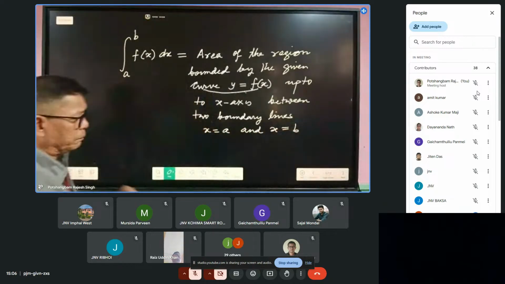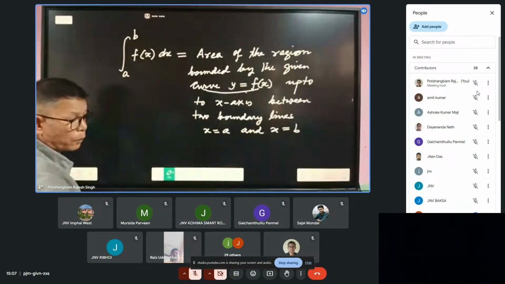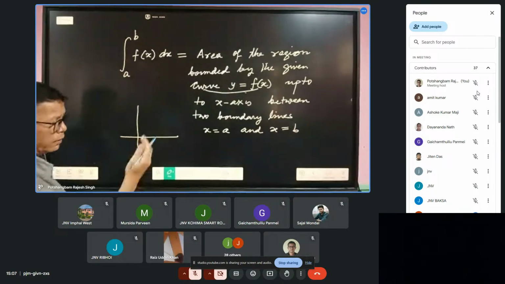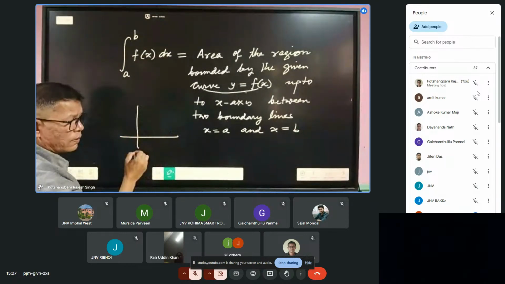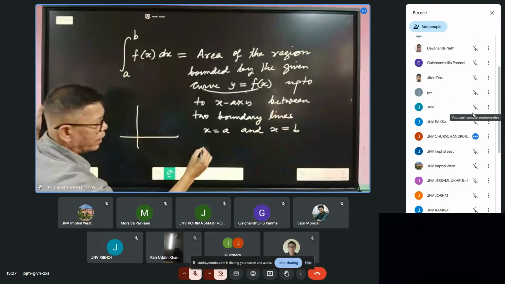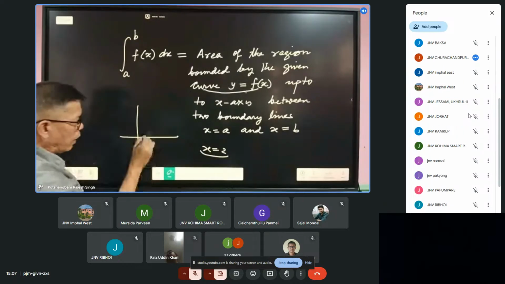You know that. What does x equal to a represent from a graphical point of view? x equal to a represents a straight line parallel to the y-axis at a distance of a units from the y-axis. For example, say x equal to 2.